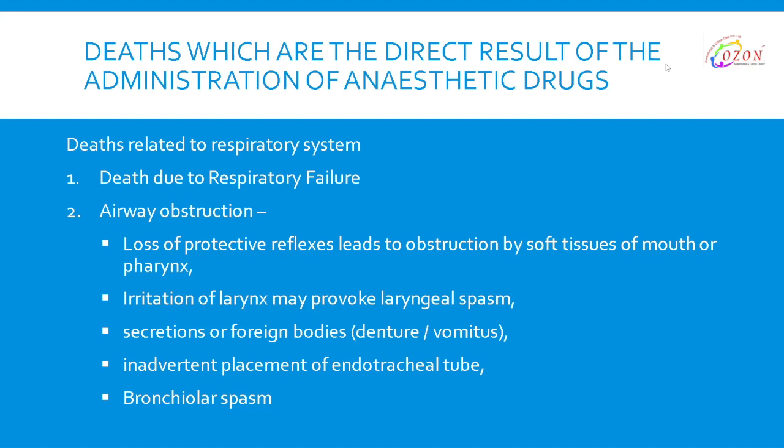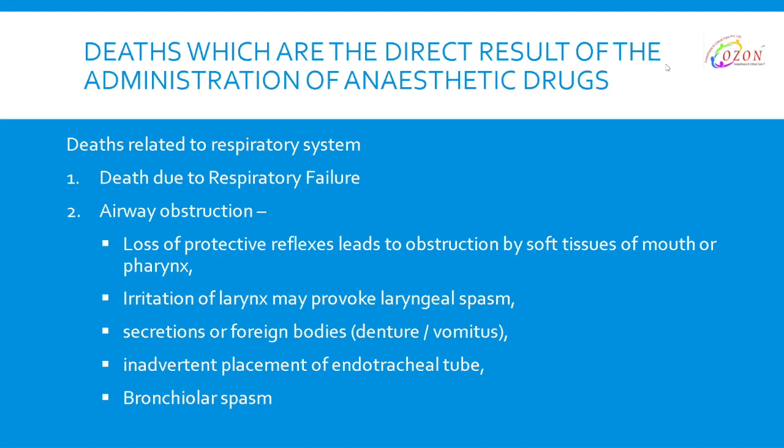During anesthesia, you are aware there is a loss of protective reflexes, which might result in obstruction of the respiratory tract by the soft tissues of the mouth and the pharynx, which might be responsible for the hypoxia. Then irritation of the larynx might provoke laryngeal spasm, again resulting in hypoxia. Or secretions or foreign bodies, like dentures or vomitus, might passively pass into the respiratory tract.